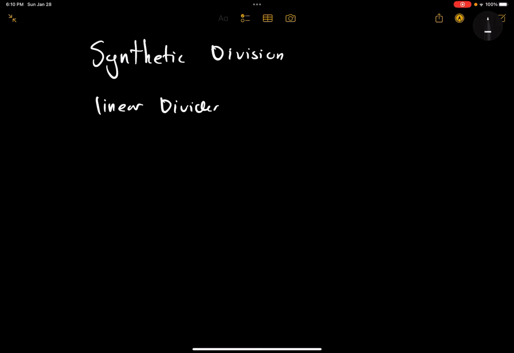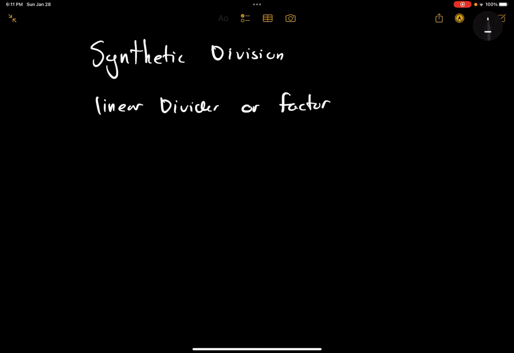Now, synthetic division is another way we can divide polynomials. But the key thing is that we need a linear divider, or factor, if it's a factor.